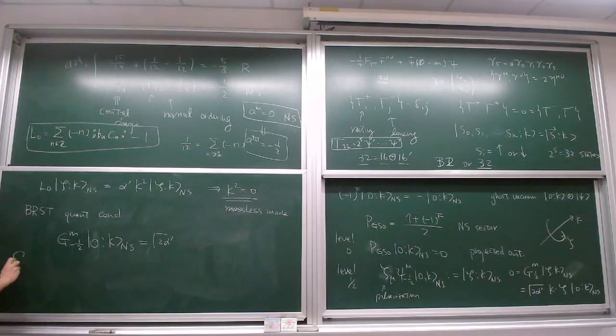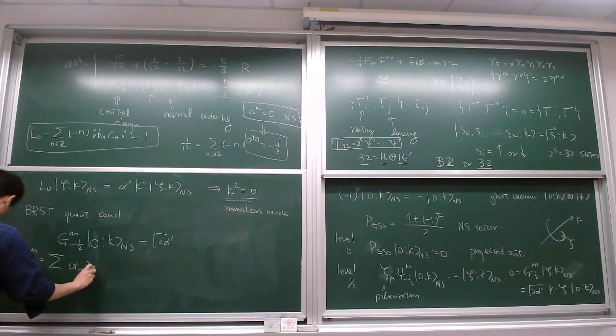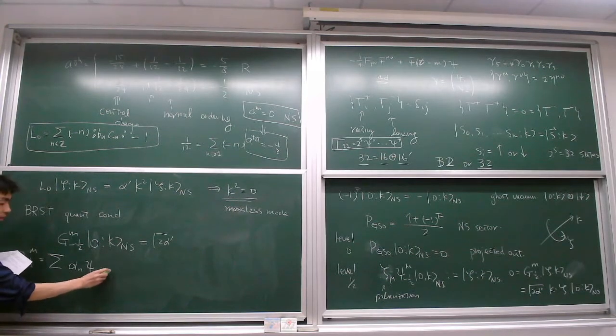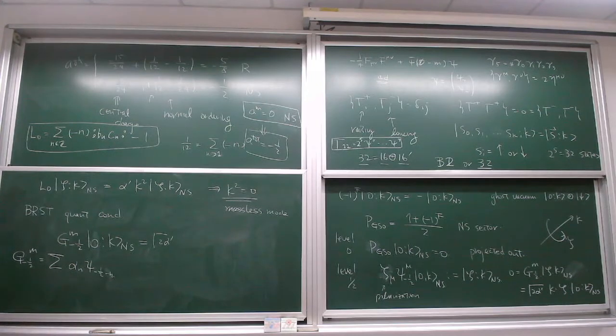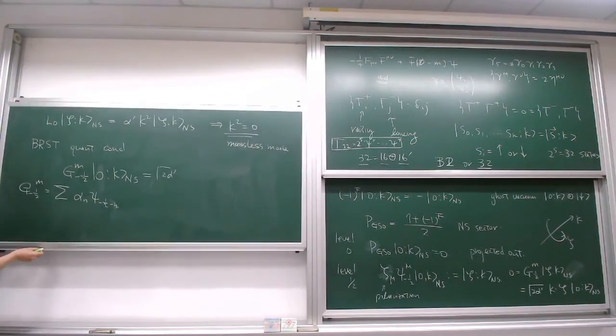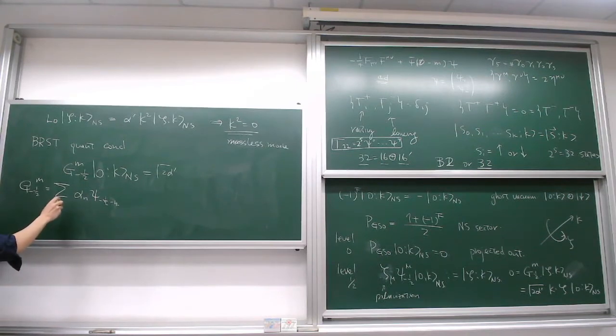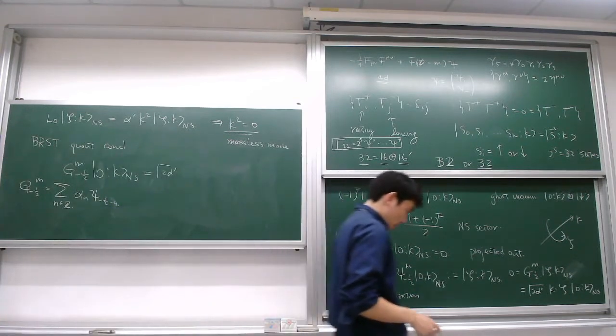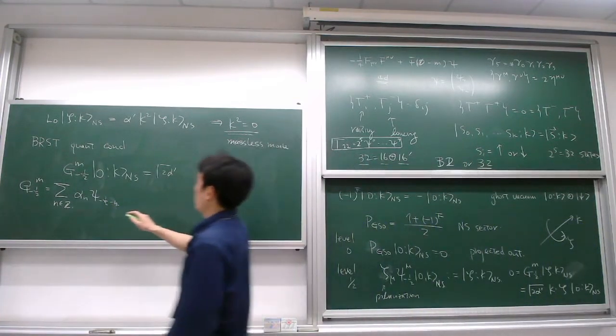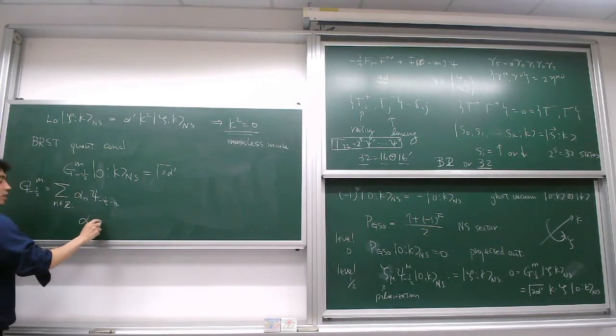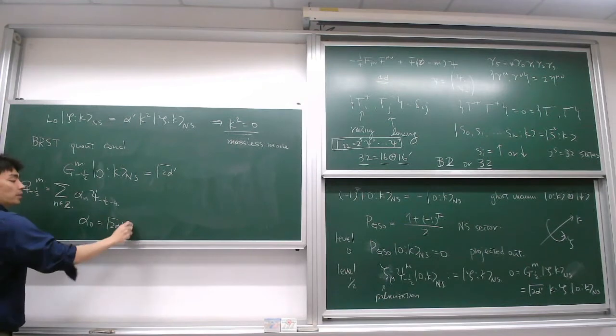Yeah. So G minus 1/2 of M is indeed a sum over alpha n psi minus 1/2 n, plus n minus n. And since alpha 0 is essentially the square root of 2 alpha prime times p mu, right?